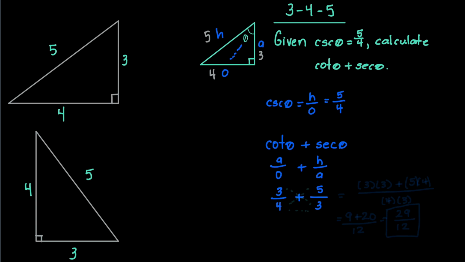I have two fractions that I need to add. I'm going to crisscross across these. So multiply, multiply, multiply. So I end up with 3 times 3 plus 5 times 4 all over 4 times 3, which is 9 plus 20 over 12, which is 29 over 12.